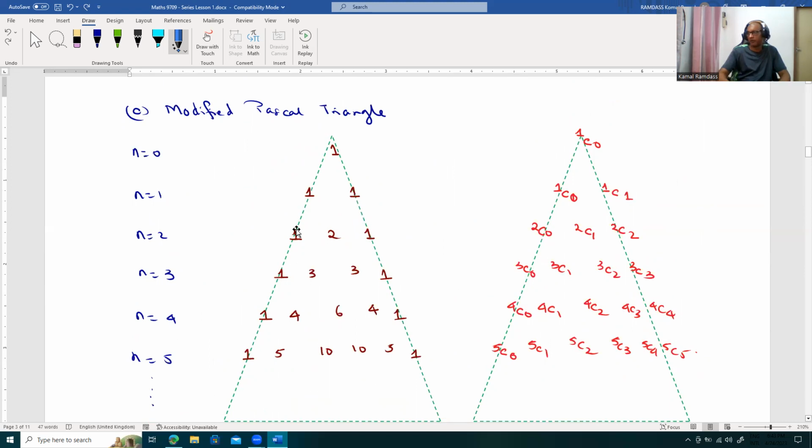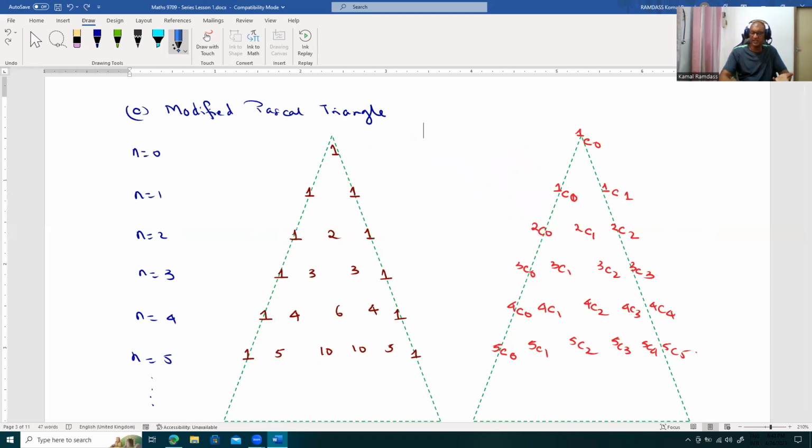Et simplement, on trouvait que ça, c'est 1, C, 0. Ça, c'est 1, C, 0. Ça, c'est 1, C, 1. OK? Non, pardon. Ça, c'est 2. Pas 2 là. C, 0. 2, C, 1. 2, C, 2.